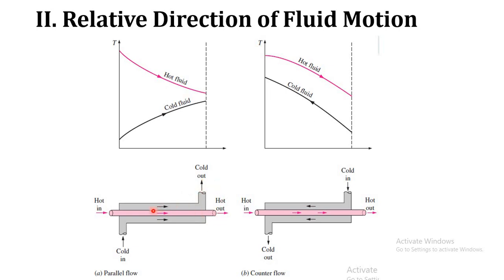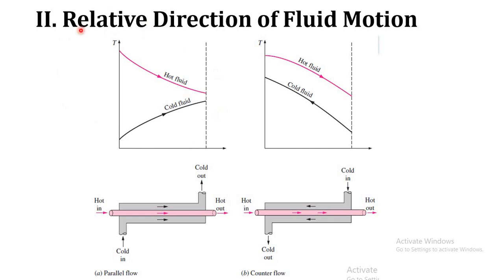Because of this, it is called parallel flow heat exchanger. Both fluids move in the same direction. So the flow of fluids is unidirectional and parallel to each other.